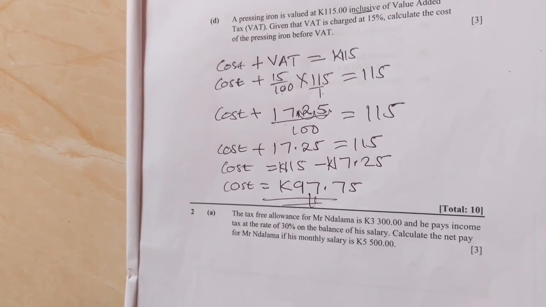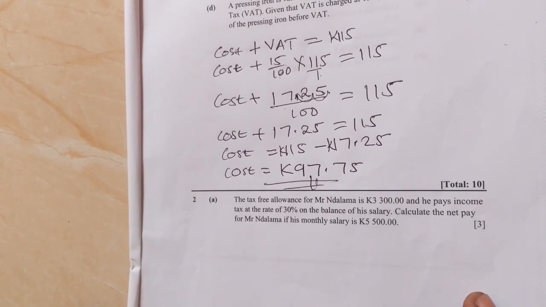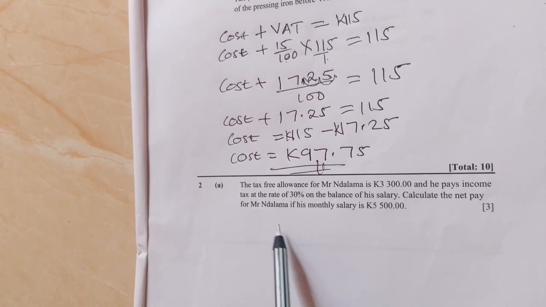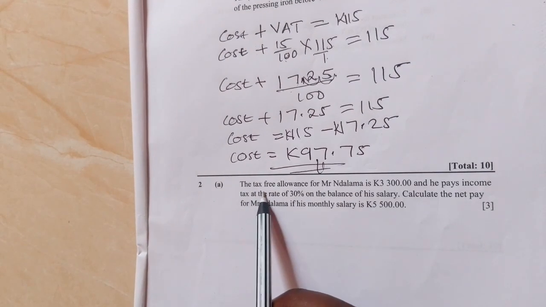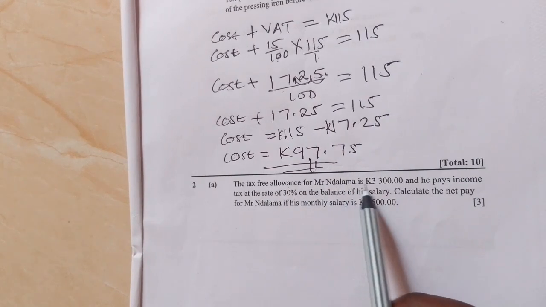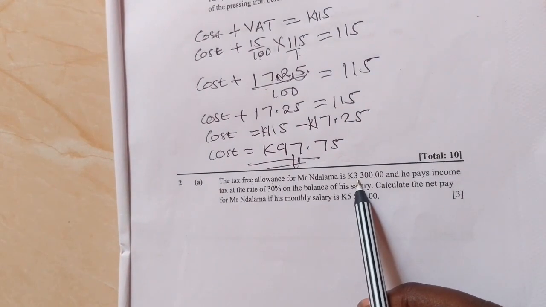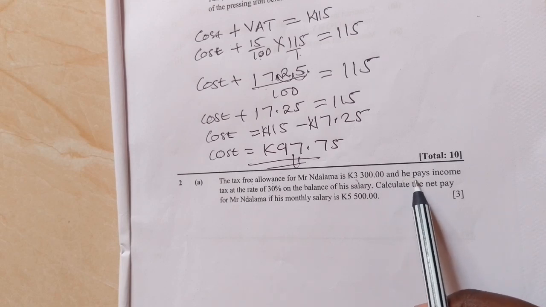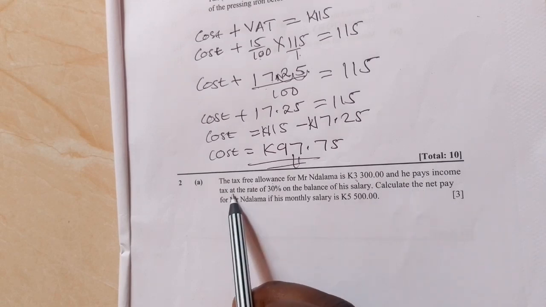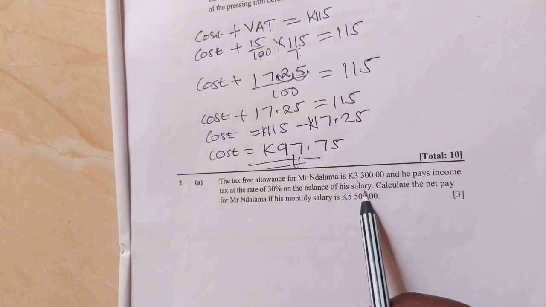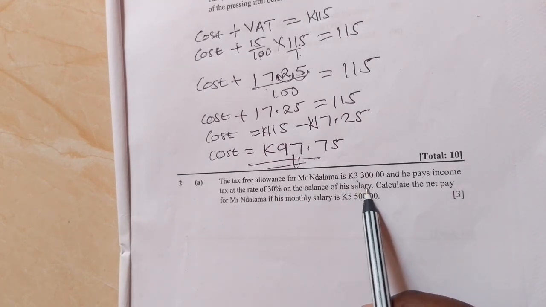I hope it's clear. We go to question 2. Question 2 here. The tax-free allowance for Mr. Ndalama is 3,300 kwacha, and he pays income tax at the rate of 30% of the balance of his salary.